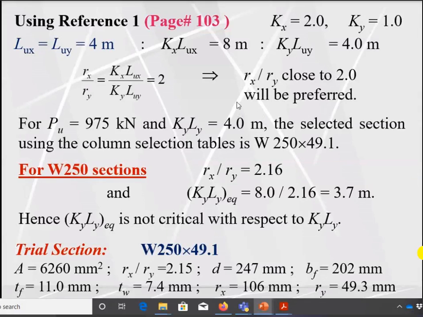So first of all, you need to select very first section, which is the lightest one, based upon KY/LY or effective length about y-axis. Then you will have the Rx over Ry value for the first trial section. Then you may compute the equivalent value of effective length about y-axis. Then you can re-enter into the table. You understand? Yes, sir. Okay, good.